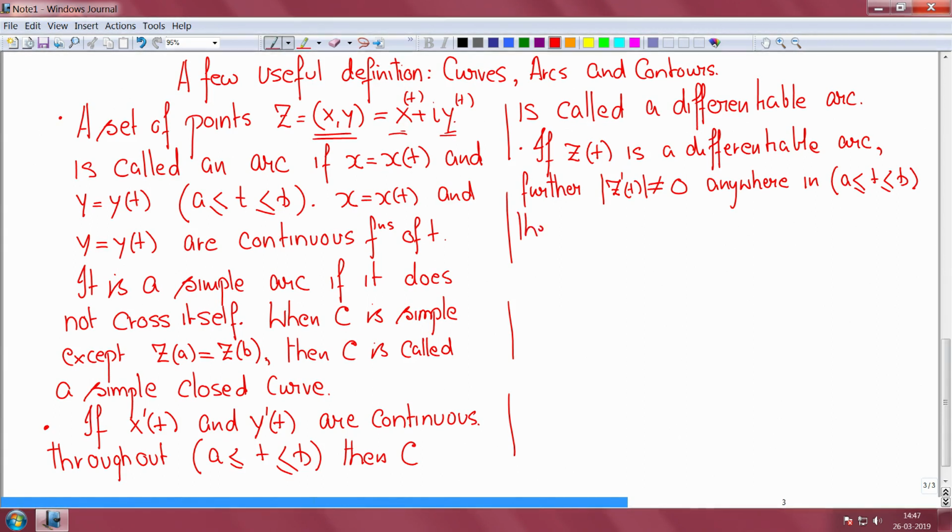then the tangent, x dash t plus i y dash t, which refers to the tangent, turns continuously, and such an arc is called a smooth arc.